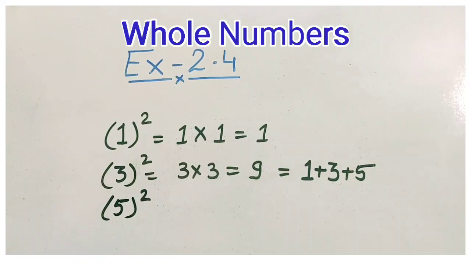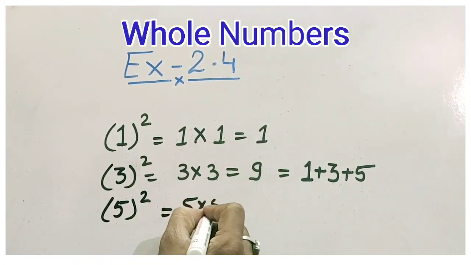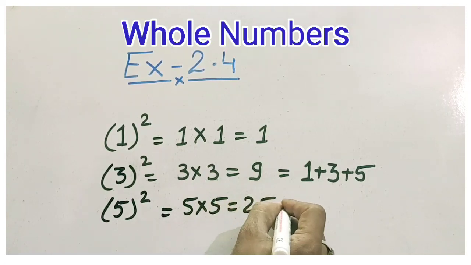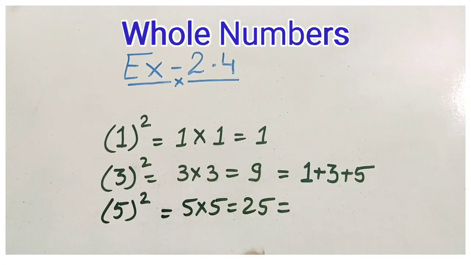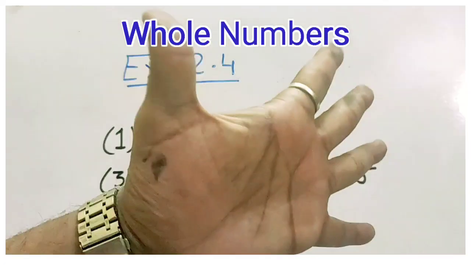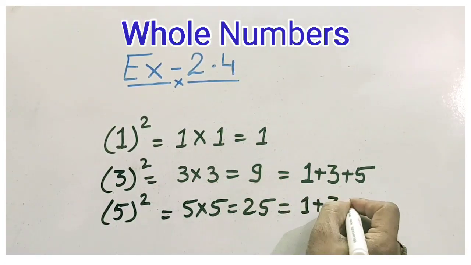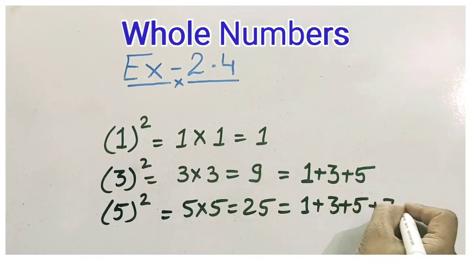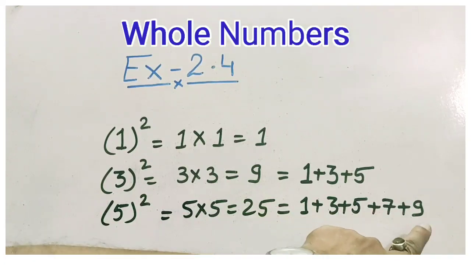5 square. The next odd number is 5. 5 square is 5 multiplied by 5. What do we have? 25. Okay? So this 25 will be the sum of odd numbers. How many times? 5 times. Meaning 1 plus 3 plus 5 plus 7 plus 9: 1, 2, 3, 4, 5.